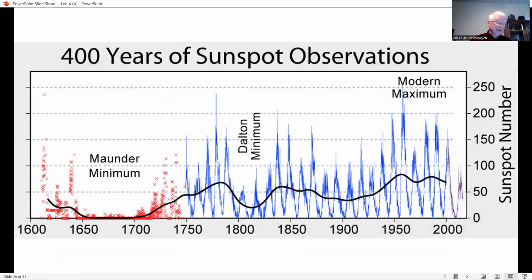The sunspot cycle does not repeat exactly each cycle, and the decades from 1645 to 1715, known as the Maunder minimum, you may see on the diagram on the left part, seem to have been a time when solar activity was very low and Earth's climate was slightly colder.